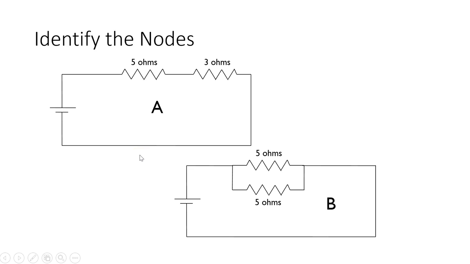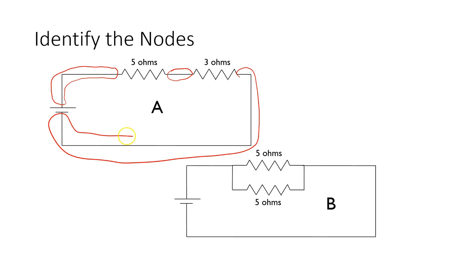So we're going to identify the nodes now. How do we do it? We simply start at any point of the circuit. So I'm going to start at the source here, and I'm going to trace the connecting line, and wherever I reach a component, I'm going to stop. So that's one node. Then I cross the component and I come to the other side. That's two nodes. And then the last one will be here. Three nodes.